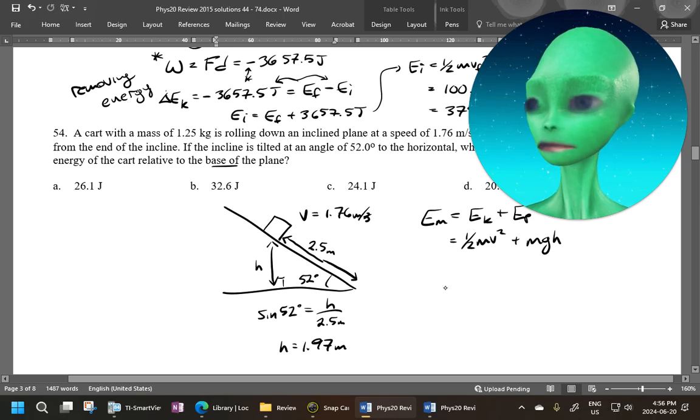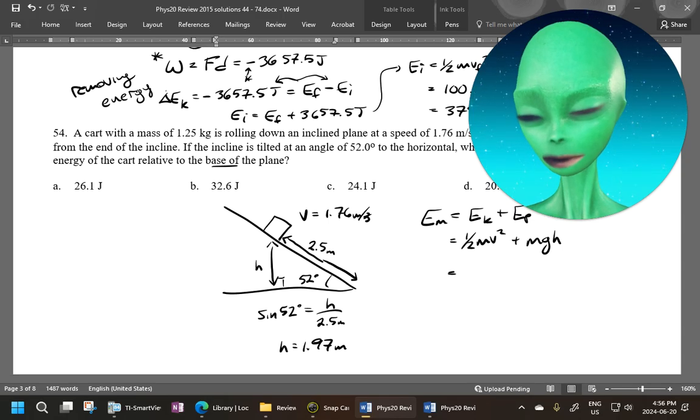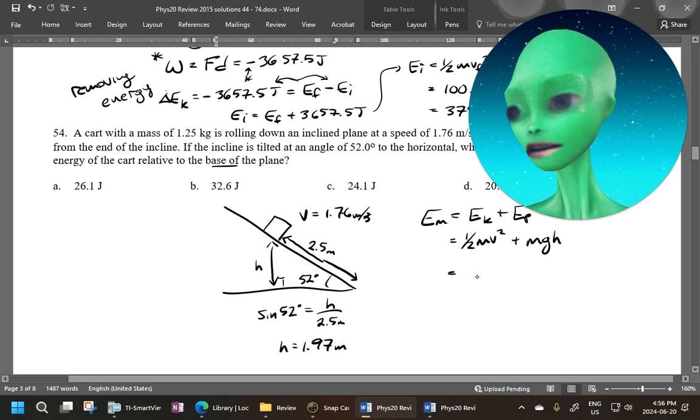Okay, so then I can go back over here and I just type all this in. So 1.25 times 1.7 meters per second squared, so we have 1.936 joules of kinetic energy.